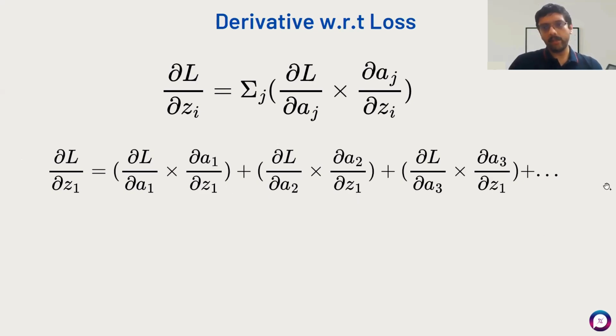So here it's always Z1. At the end of this, you get the derivative of L with respect to Z1, and the dependence through A1, through A2, through A3, and so on are all covered.